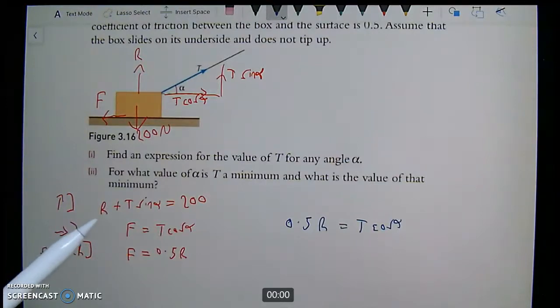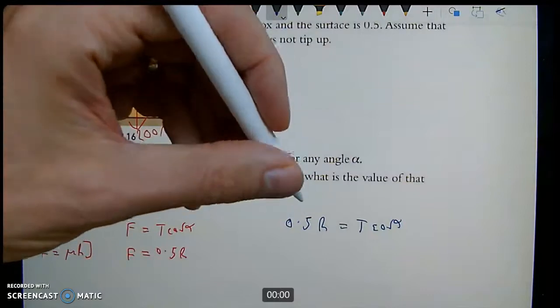And now, if we use the top equation, one way of doing this might be to make R the subject.